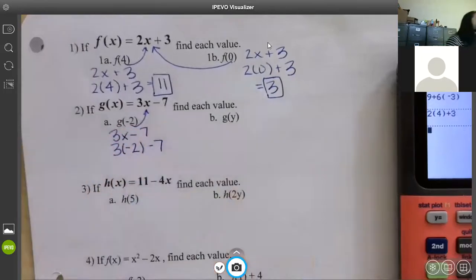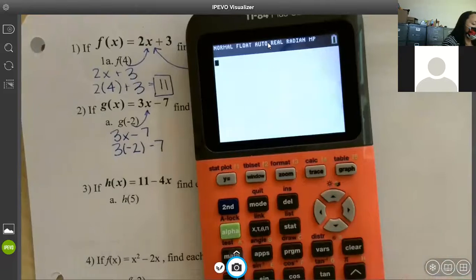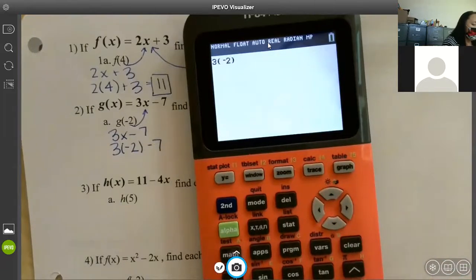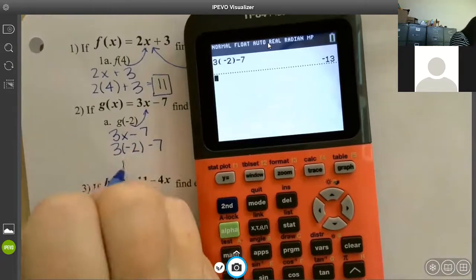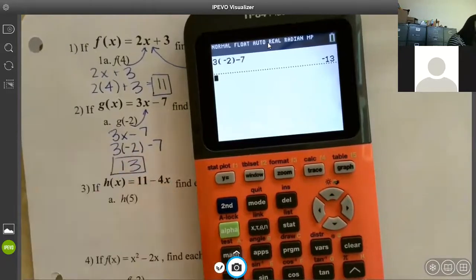And like I said, please put it in parentheses. And then in your calculator, type it the exact way that I wrote it. So 3 parentheses negative 2 minus 7. And you get 13. Everybody okay? Doing okay?